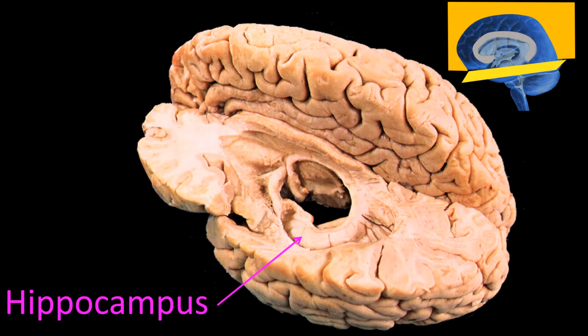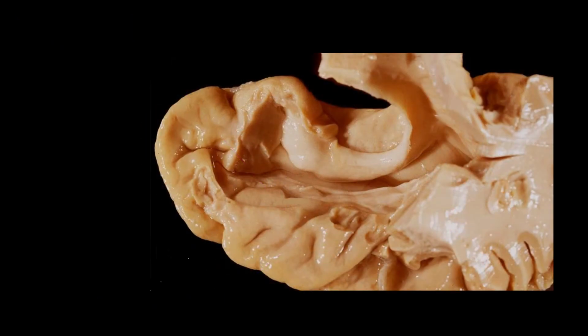In this specimen, you can see the hippocampus, and in front of the hippocampus you can see a meaty structure that is called the amygdala. This specimen corresponds to a close-up of the area just shown.